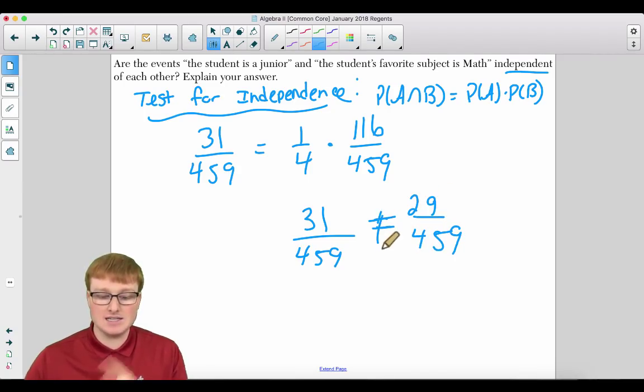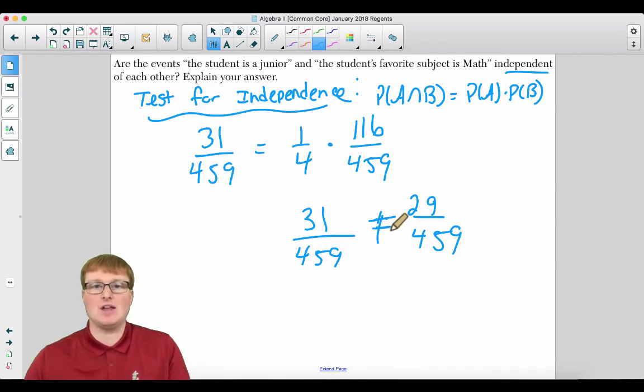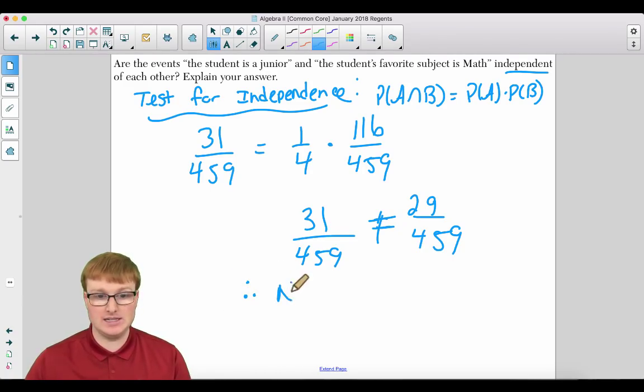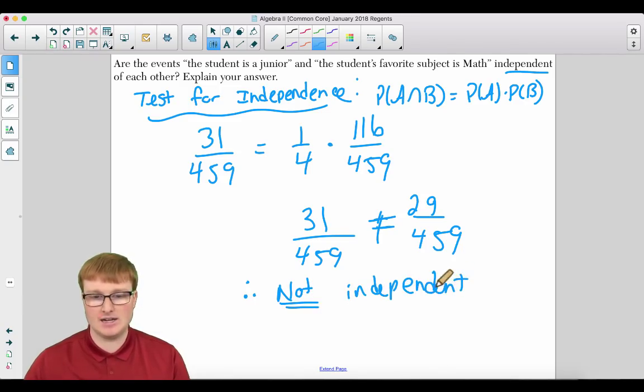So if they're not equal to each other, they are not independent of each other. If they were equal, then they are independent. So, therefore, this is not independent. And it just says, explain your answer.